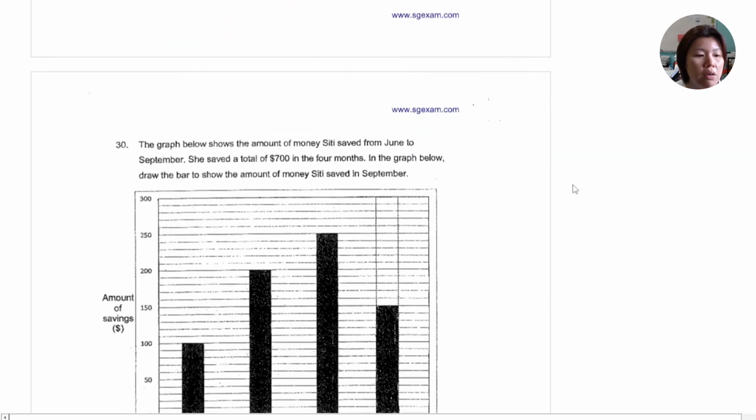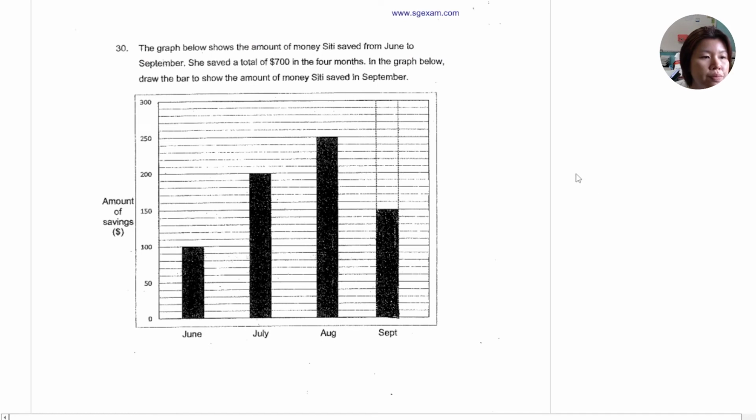Okay, let's move down, this graph. Here shows the graph from June to September of how much Ricky has saved. So before we draw the graph, we need to find out how much is June. Okay, June is 100. July is 200.